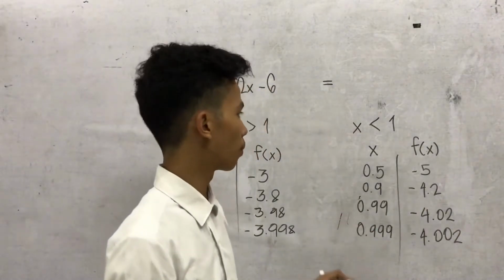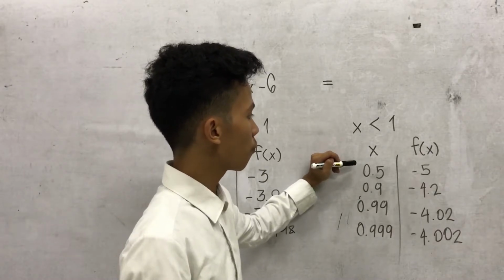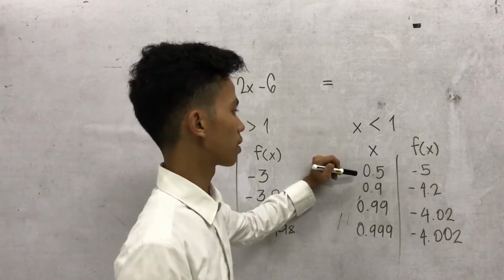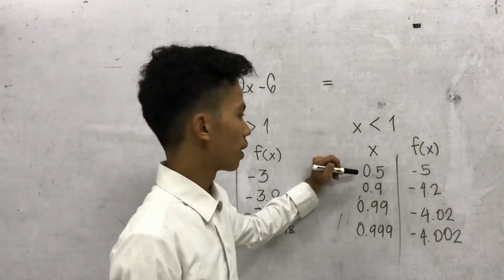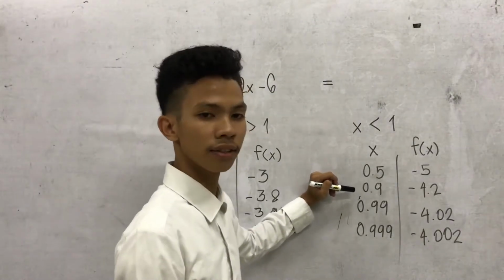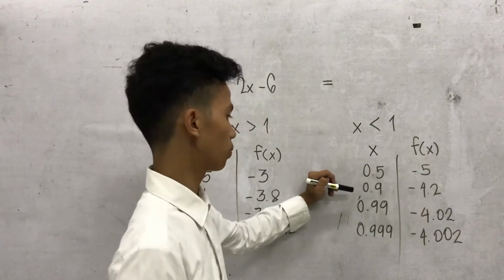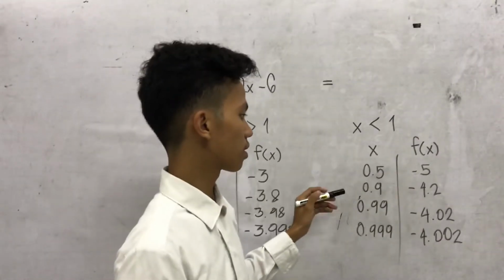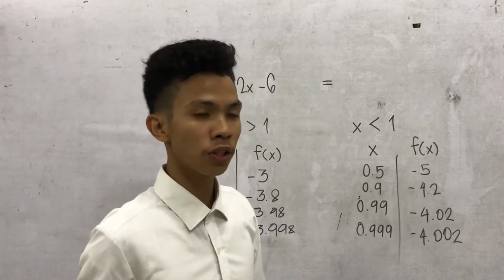And in the other table, the f of x of 0.5 is negative 5. The f of x of 0.9 is negative 4.2. The f of x of 0.99 is negative 4.02.